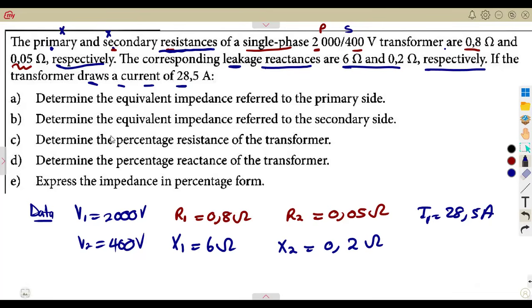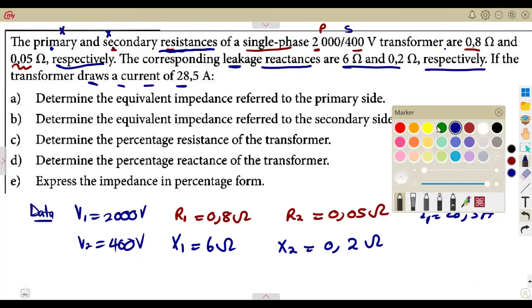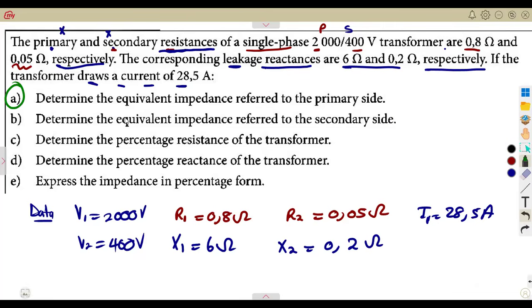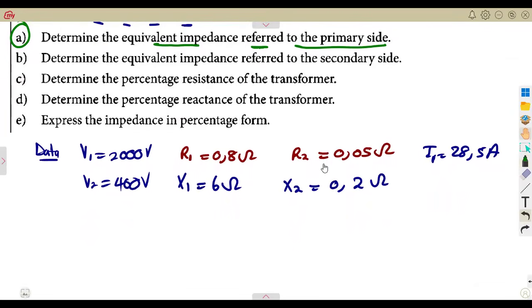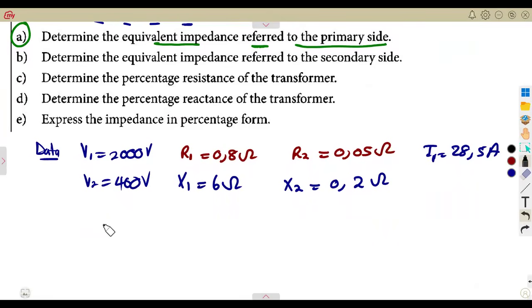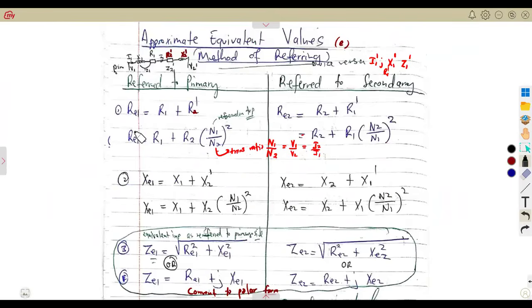With this whole information, the question is to calculate or determine the equivalent impedance referred to the primary side. Which impedance are we talking about? That's ZE1. Referred to the primary side, equivalent impedance, we are talking of ZE1.